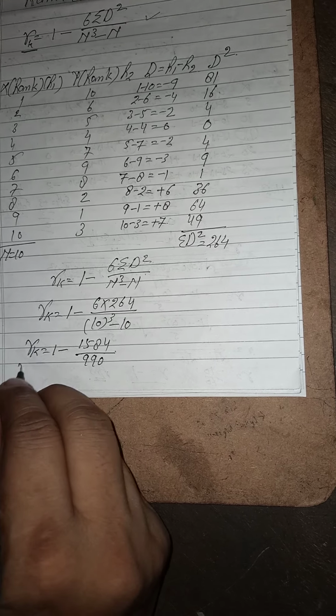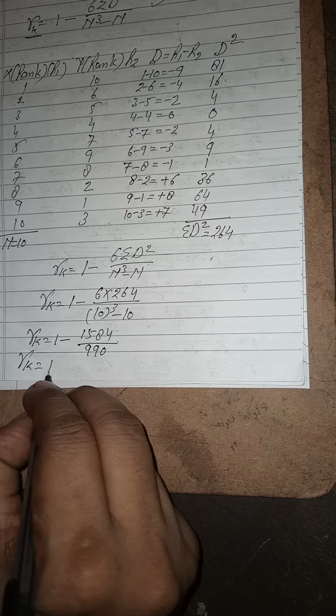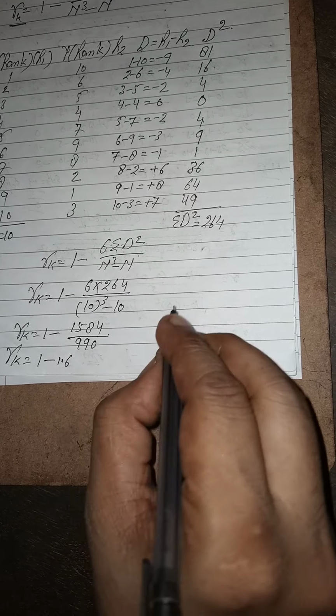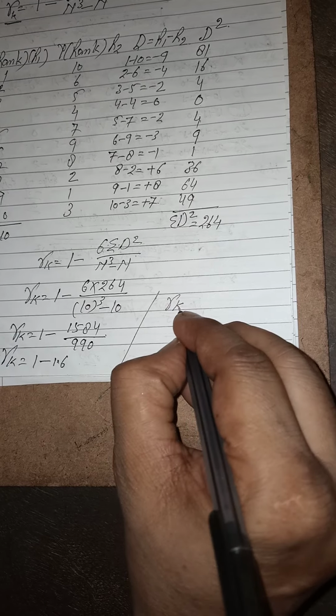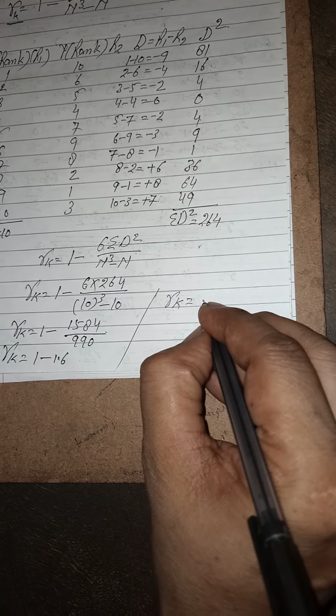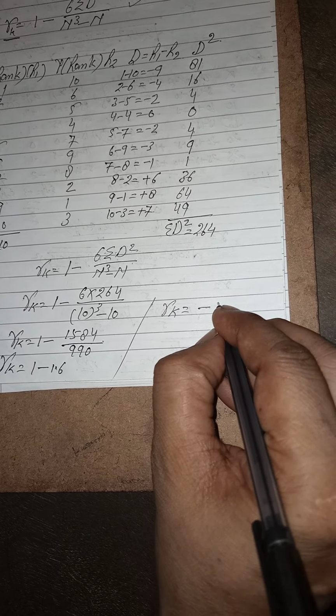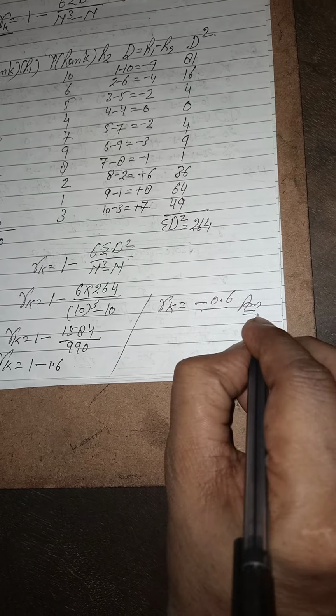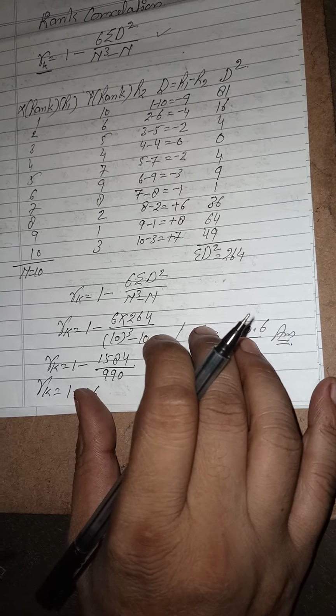So RK is equal to 1 minus 1.6, so RK is equal to minus 0.6. That's the answer. You will apply this formula, dear students, when the rank is already given.